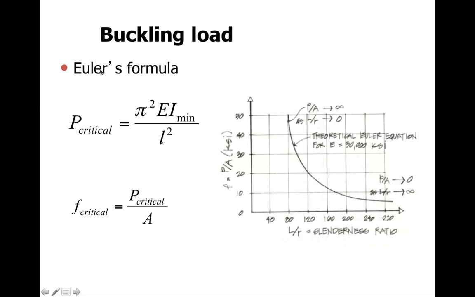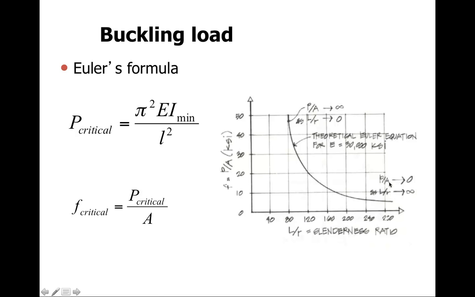So in terms of the buckling load, we have P critical equals pi squared EI minimum over L squared. This shows some examples of how it would be. Here's our slenderness ratio.